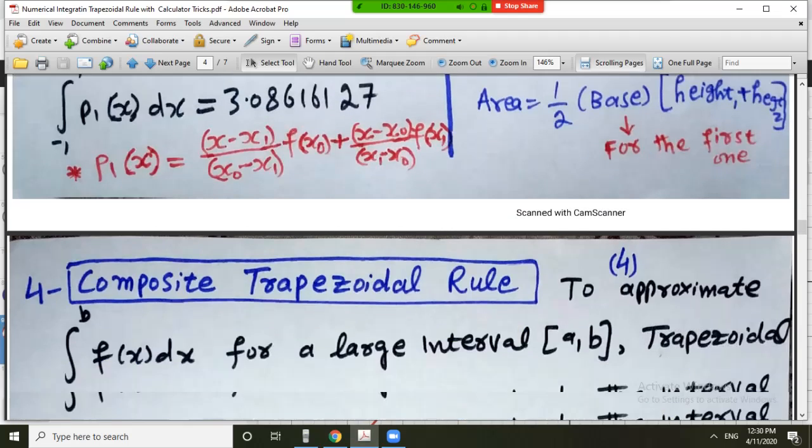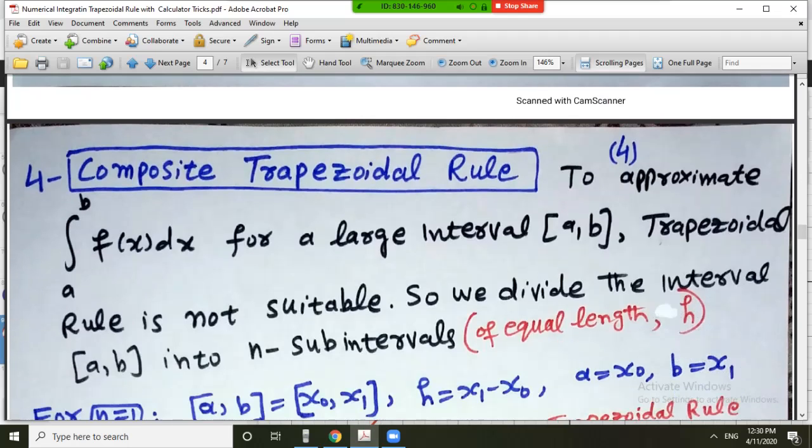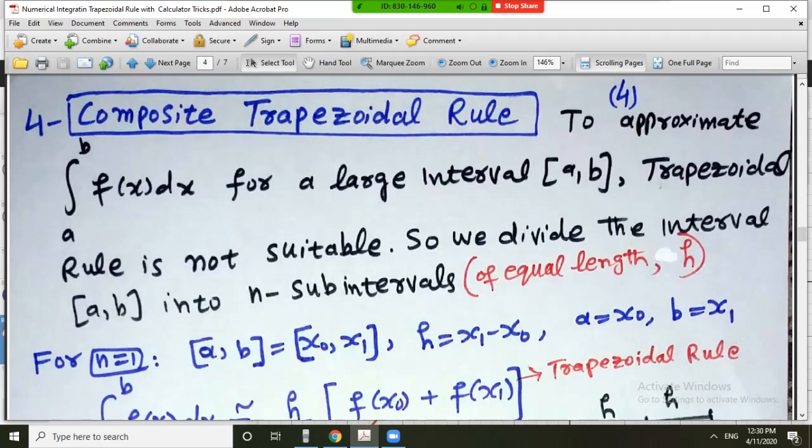Okay, next is the composite trapezoidal rule. To approximate the definite integral of f of x from a to b for a large interval, the trapezoidal rule is not suitable. So we divide the interval ab into n subintervals. There are two reasons.